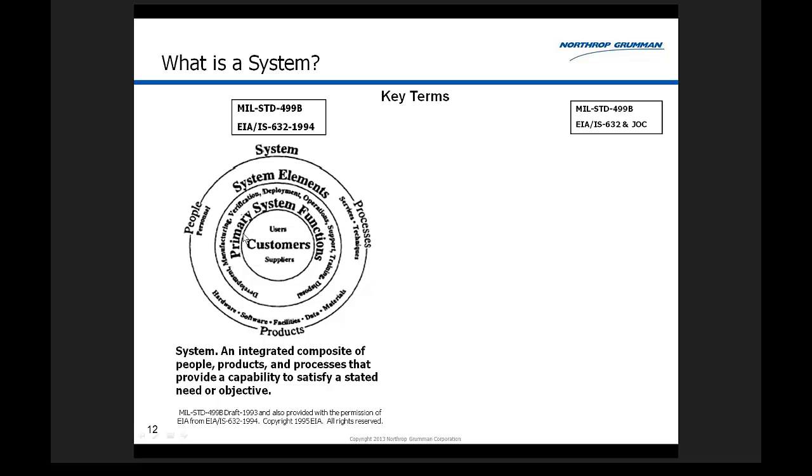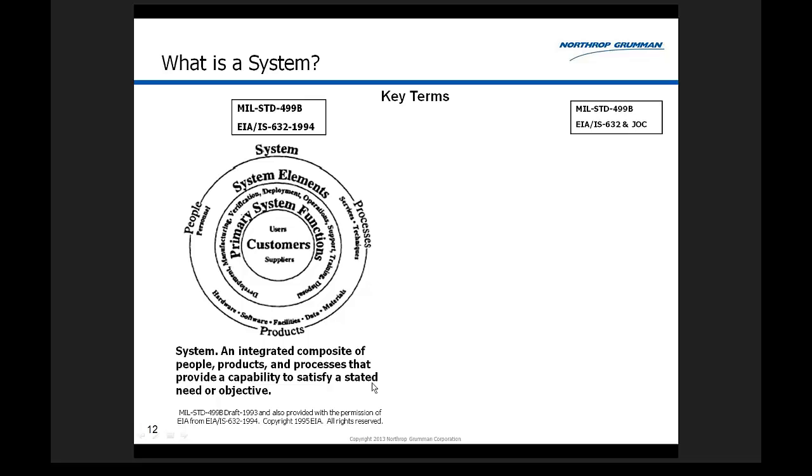Okay, and then we see the primary system functions, the behaviors of the system. And then finally, at the center, the users, the customers, and the suppliers. Okay, those are part of the system also. Okay, the acquirers and the suppliers and the users are part of the system. So this whole context diagram indicates, you know, what a system is. Again, the 3 P's is probably my favorite definition.